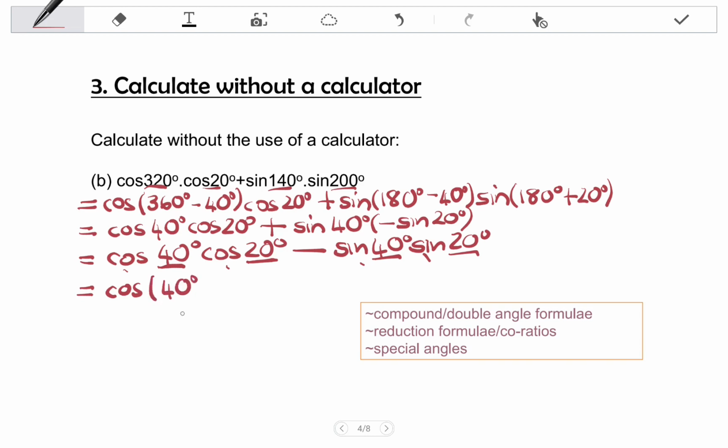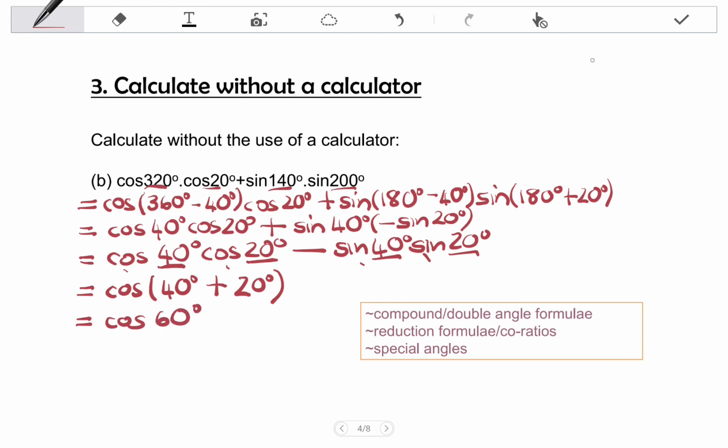I use the first angle first and the second angle second, but what sign do I use between them? Remember, in cos the sign changes, so I'm going to have a minus in the expanded form but a plus in the contracted form. Right, cos 40 plus 20 takes us to cos 60 degrees.